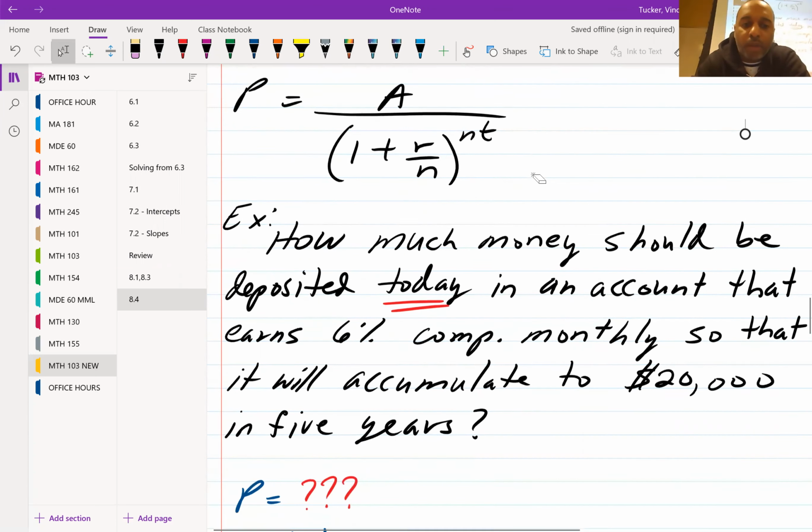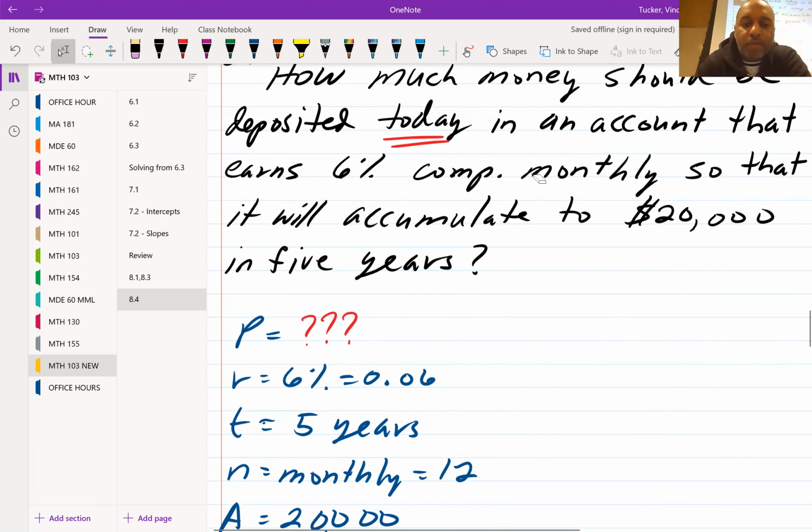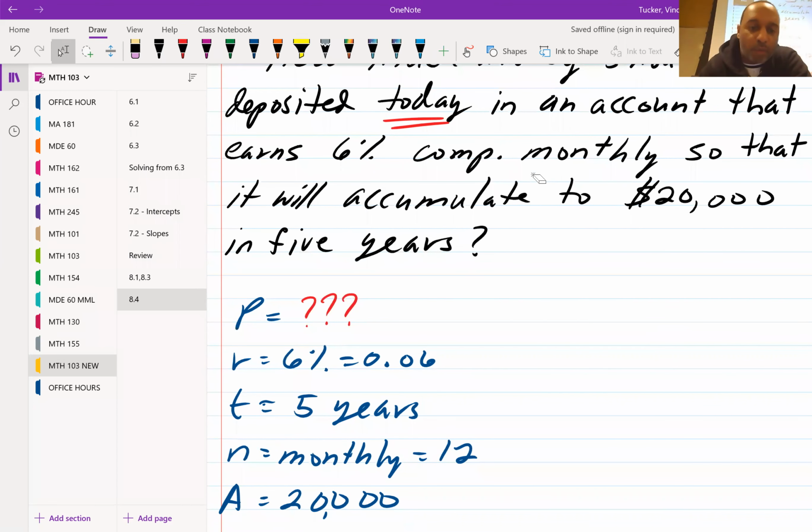Looking at our givens, P this time is what we do not know. R is 6%, T is 5 years, N is monthly, so it's 12, and A was given as 20,000.